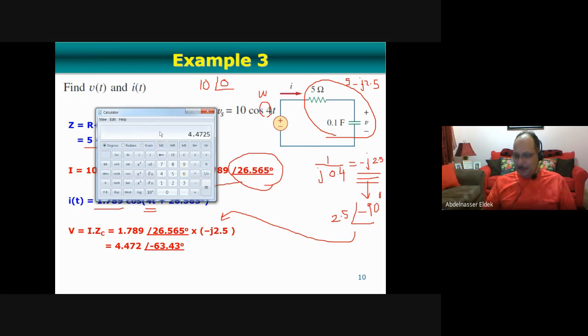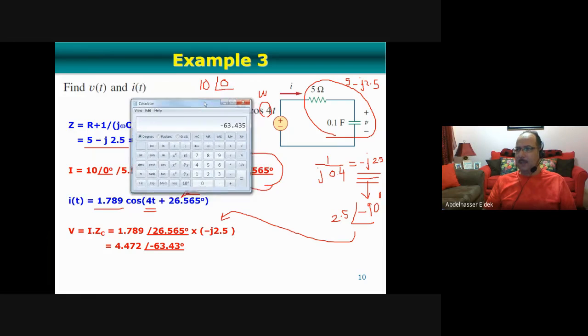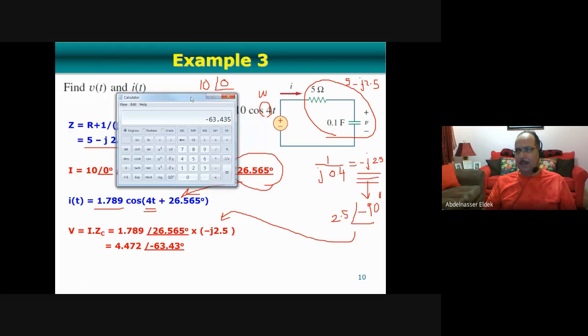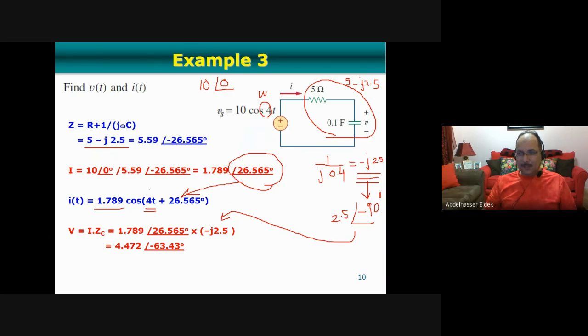And you add the phases: 26.565 minus 90 will be negative 63.4. So that's it. This is V across the capacitor. It's not solved here, I don't know why I forgot to complete it, but let us just complete it here.